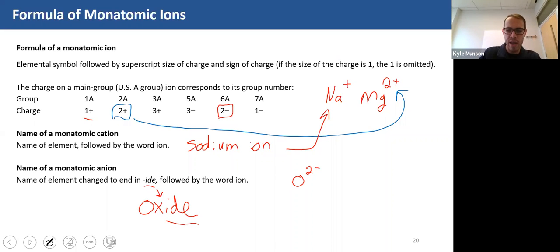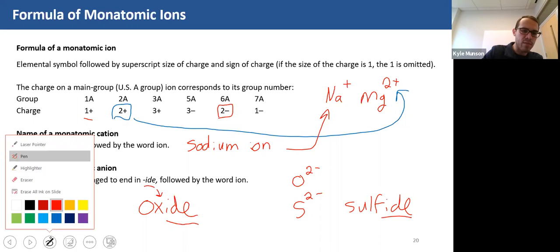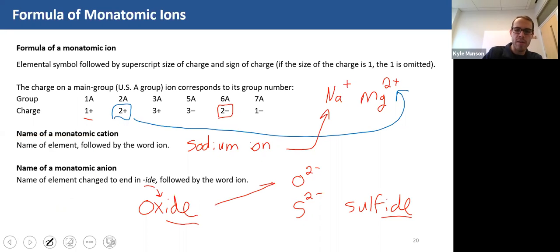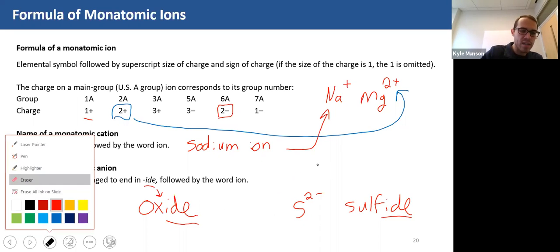Same idea here. If I had sulfur, this is going to be sulfide. It gets that -ide ending for anions. And remember, anions are things with a negative charge. Let me just write this a little bit better. Let's put that oxide right there.